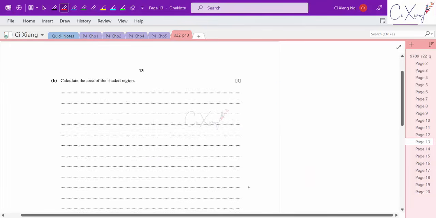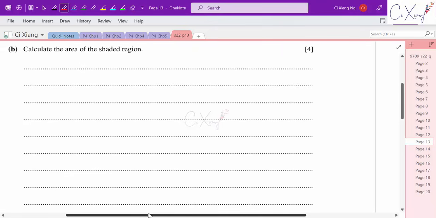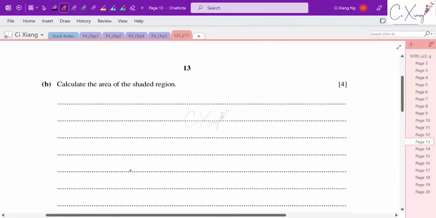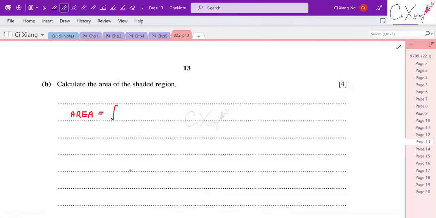Alright, so we will start. For me particularly, what I'm doing here is I will take the equation on top minus the equation at the bottom. From the diagram just now, I can see that the area bounded starts from 1 and ends at x equals 16.